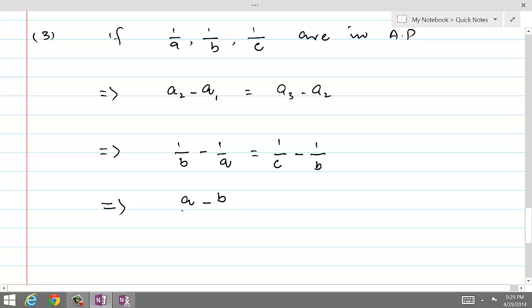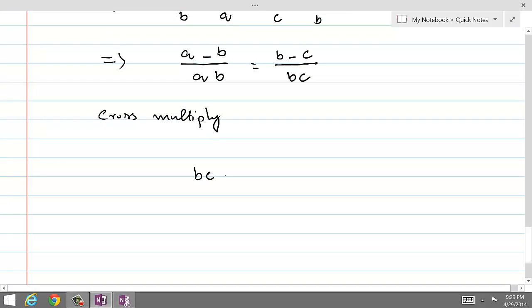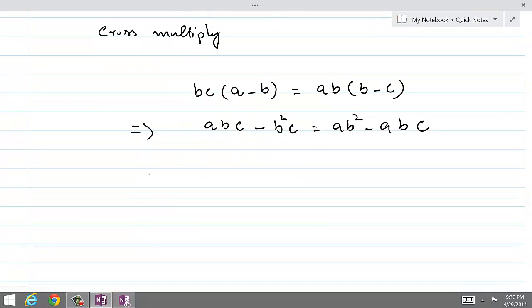This would be (A minus B) over AB is equal to (B minus C) over BC, and if we cross multiply, this would be BC into (A minus B) is equal to AB times (B minus C), and if we multiply both sides, this would be ABC minus B square C is equal to AB square minus ABC, and we can bring ABC on one side.